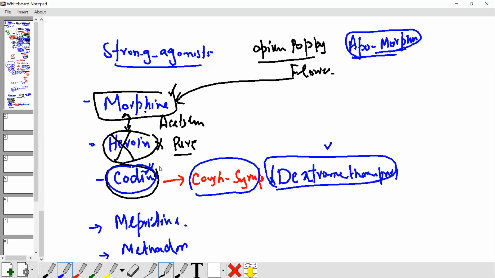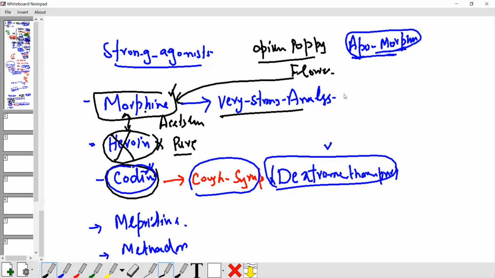Understand? Okay, what are the uses of morphine? Morphine is a very strong painkiller, a very strong analgesic. When do we use morphine?